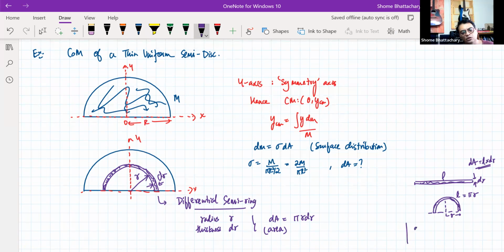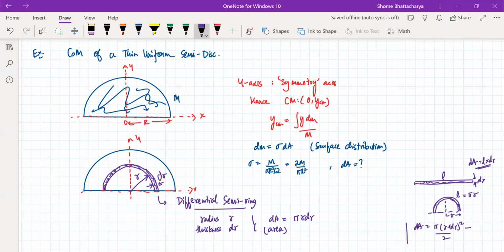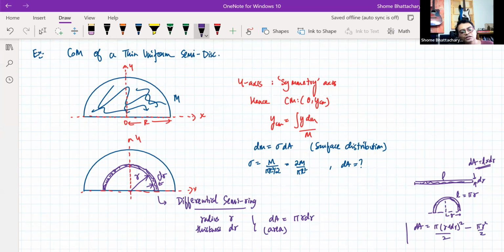Or like you were saying, you can also express the area as the area of the outer semi disk, pi by 2 into (r plus dr) whole square, minus pi r square by 2. Now in this, when we do the calculation, we will neglect the dr square term because dr is very small, so its whole square is tending to 0.